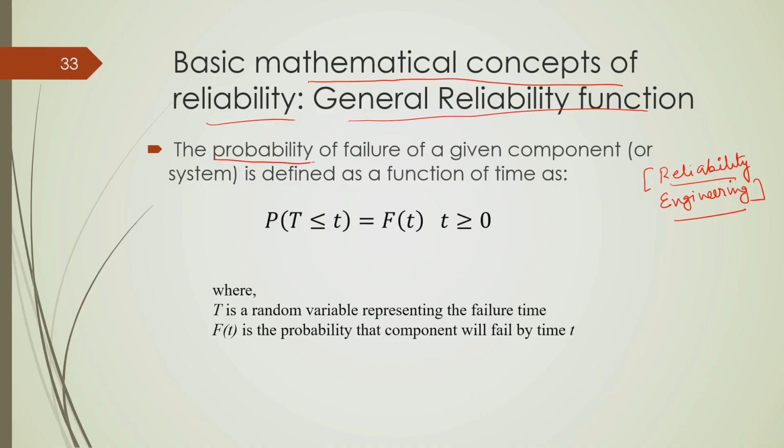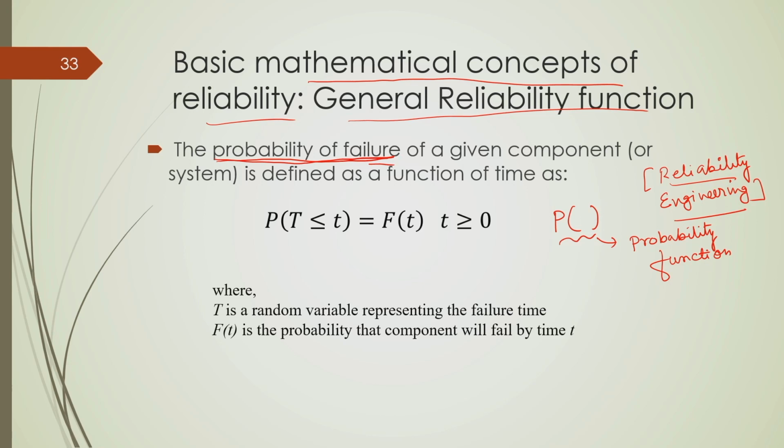The first definition is the probability of failure. This probability function is defined as the P function, where P stands for probability function. Now, how do we define this probability of failure for a given component?